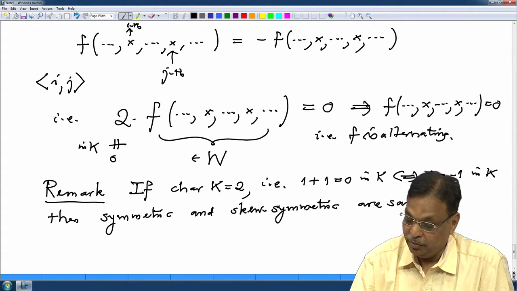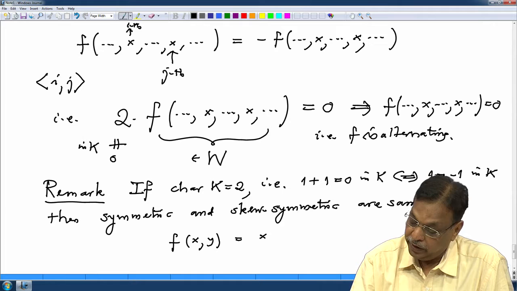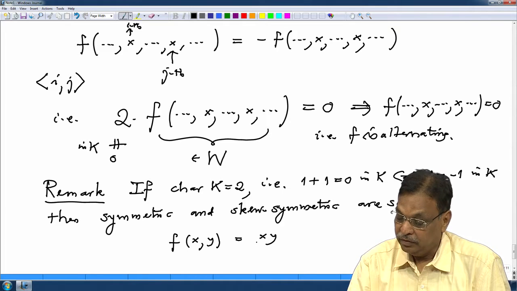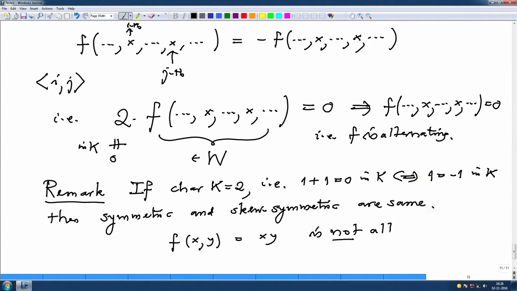So, for example, you could take this bilinear form of x and y equal to x times y. This is not alternating.